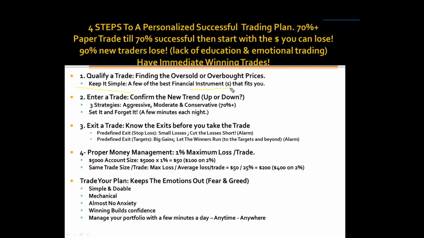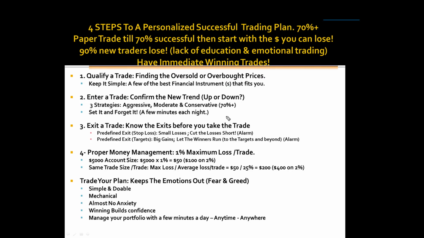There's forex trading. There's futures trading. So the first thing is to narrow and qualify, and it's always wonderful to keep things simple, that is, easy to understand and follow. And then we're going to qualify them in the sense that we want to find prices that are oversold and/or overbought. And we're going to discuss in a minute how we do that.